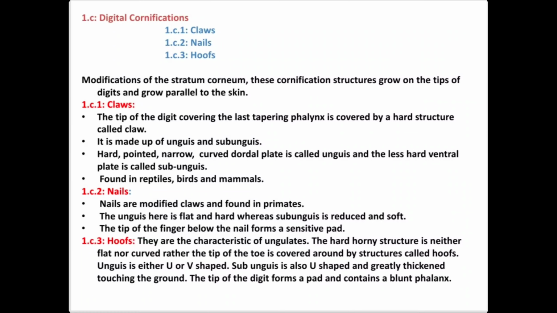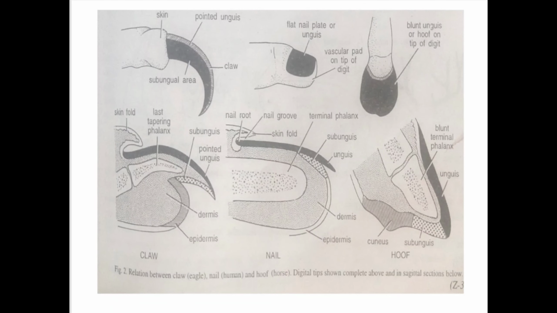Claws, as you can see in the figure, are found in reptiles, birds, and mammals. These claws are identical in structure. A claw is made up of a hard, pointed, narrow, curved, horny dorsal plate called unguis, and a less hard ventral plate called subunguis.